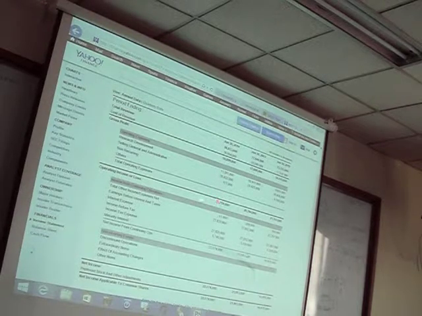Total operating expenses. Operating income or loss. So our gross profit minus these operating expenses is $27 billion. Is that good? Yes, right? So in 2014, Microsoft made $27 billion before interest and tax.